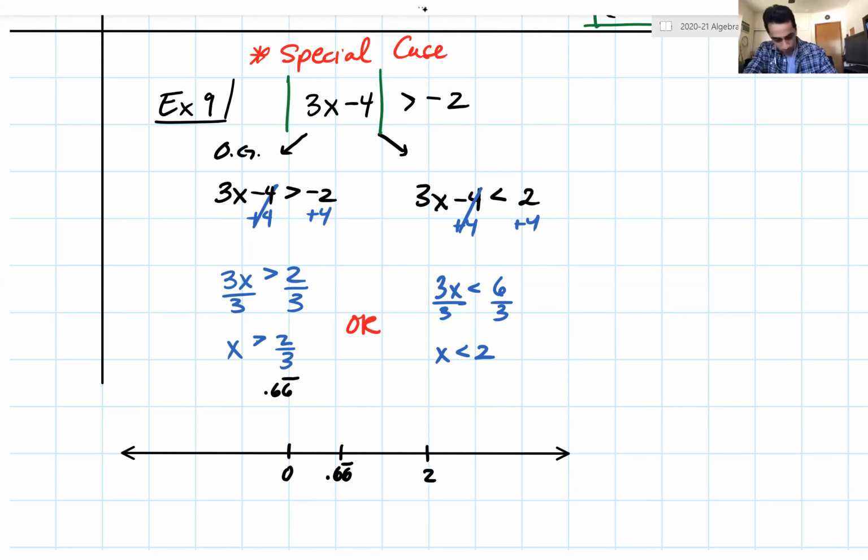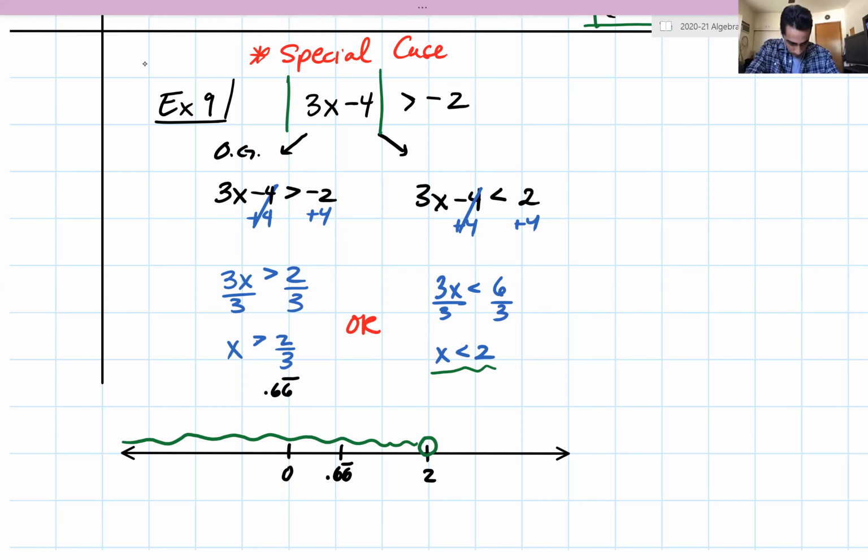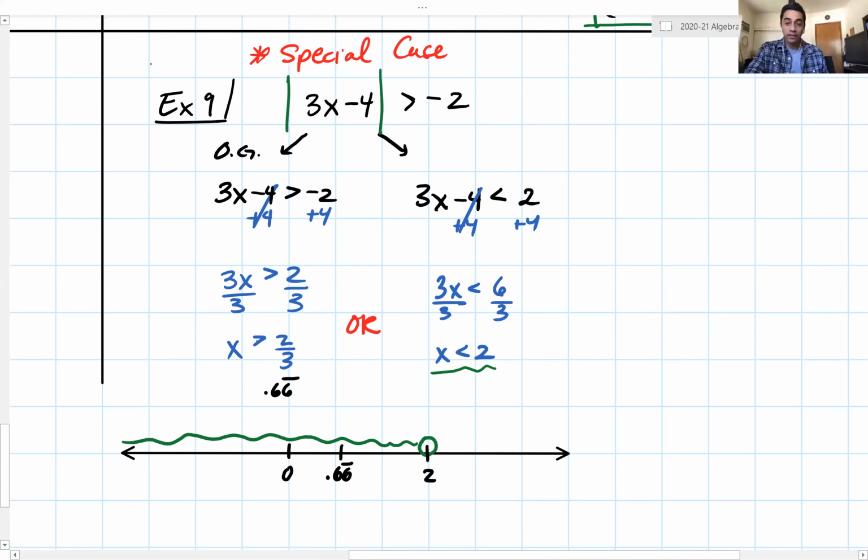Okay, so let's graph it. Let's see what happens. So at 2, open circle, and you want to be less than that. So you go to the left. At 0.66, or at 2/3, open circle, and this time you want x to be greater than. So now you go to the right.